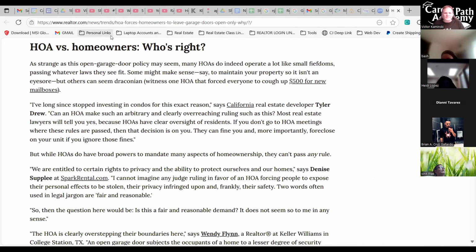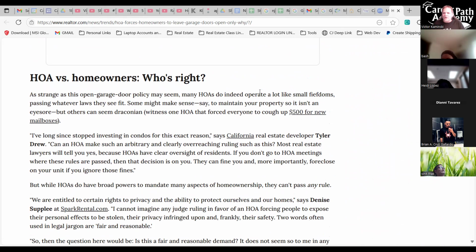How about this one? This one's kind of weird. One association wanted to put in new mailboxes, so they charged each unit owner $500. Can they do that? Sure.